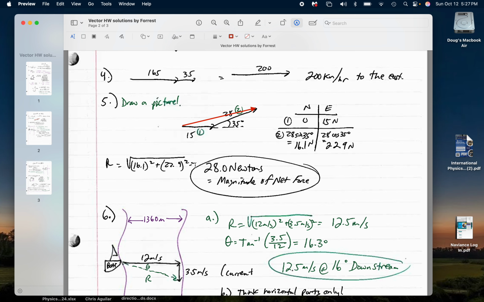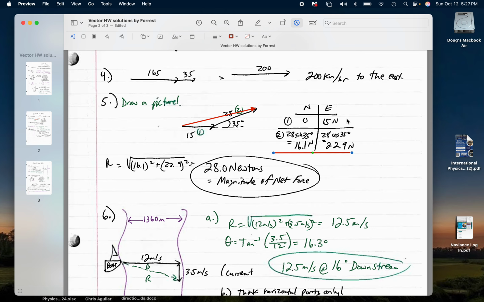And so, I think I screwed this up. I know I screwed this up. Okay, so you're seeing it in live action. So what I need to do here is add these up.